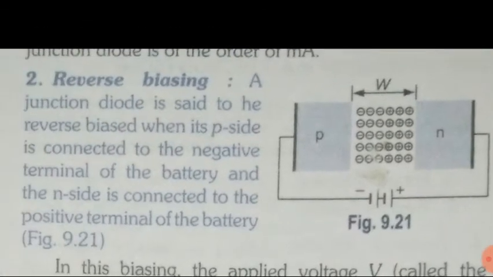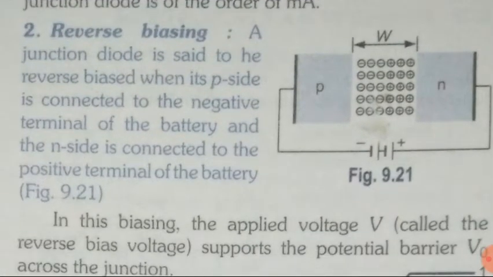So in reverse biasing also current is there, but that current is not because of majority charge carriers. In forward biasing the current was because of majority charge carriers, but in reverse biasing the current is because of minority charge carriers. And as the name suggests, minority charge carriers are very few in number, so very feeble current will flow here.